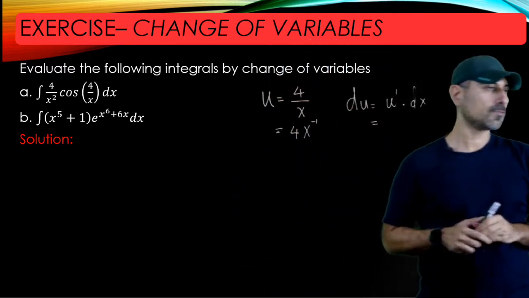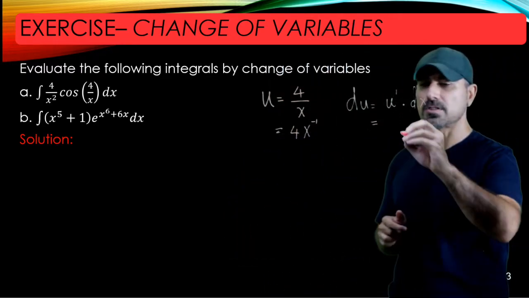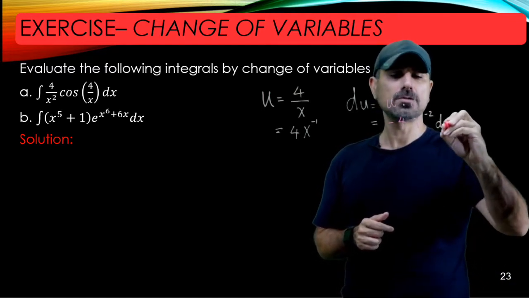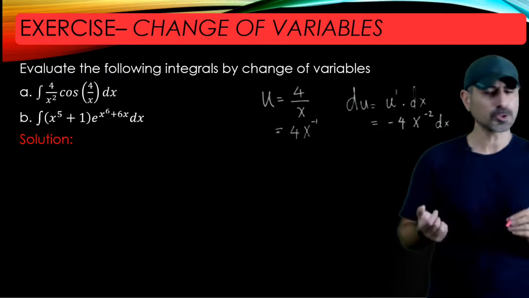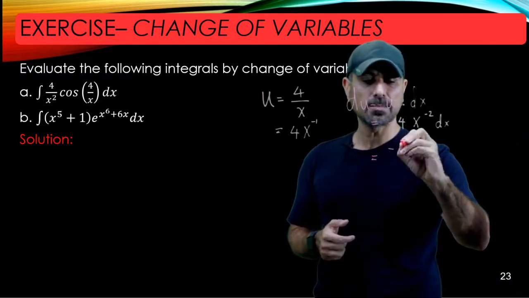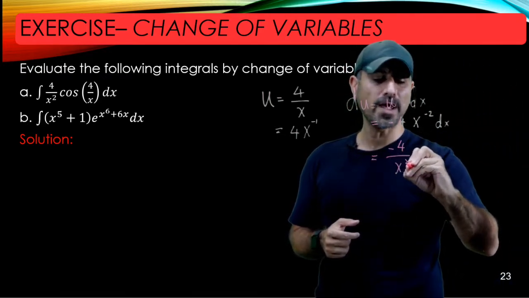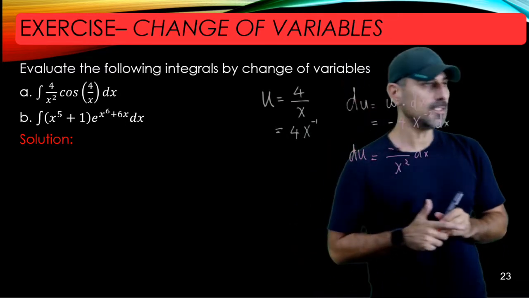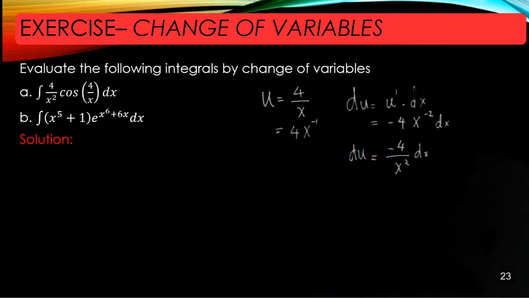If you use the power rule for differentiation, the derivative is going to be minus 4 x to the minus 2 dx. In short, you can write it as minus 4 over x squared dx. So this is exactly what du, the differential of u, is.